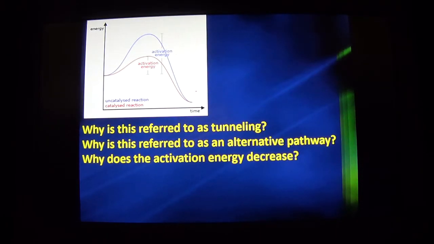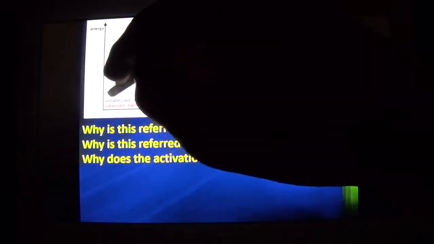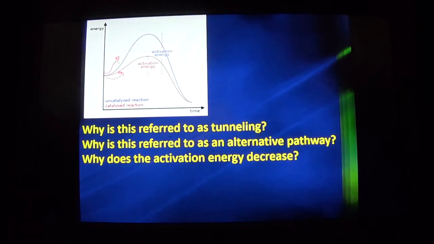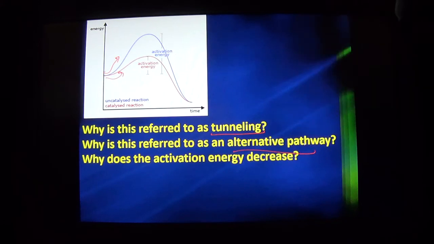Another vocabulary we use for this is alternative pathway. So now the reaction can decide, is it going to go through this path or is it going to go through this path? So now we have an alternate. So that is the type of vocabulary often associated with catalysts, is it provides a tunneling effect or an alternative pathway.